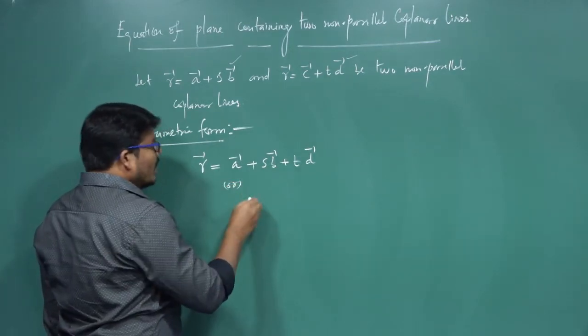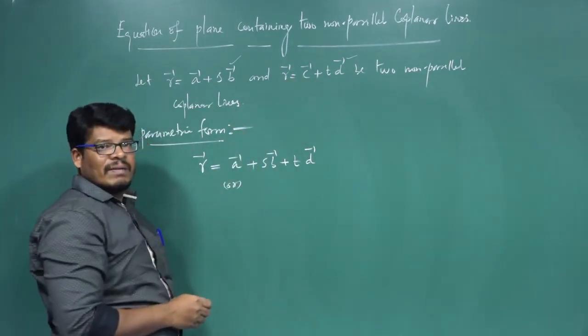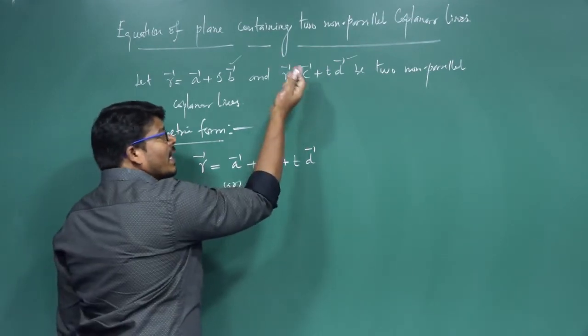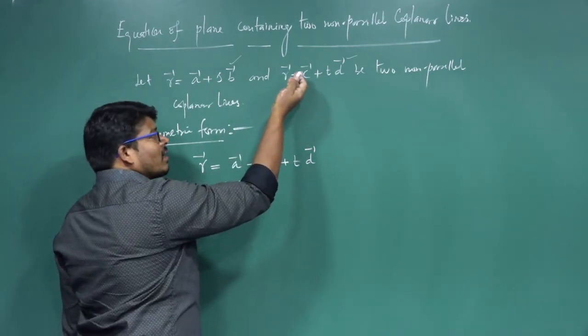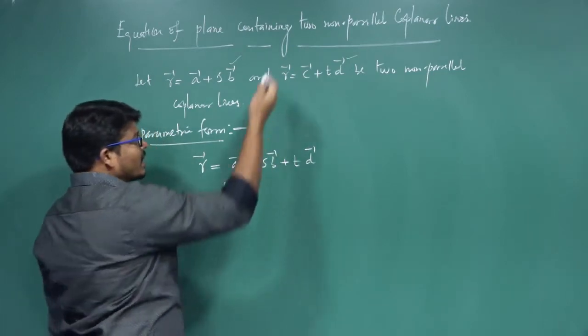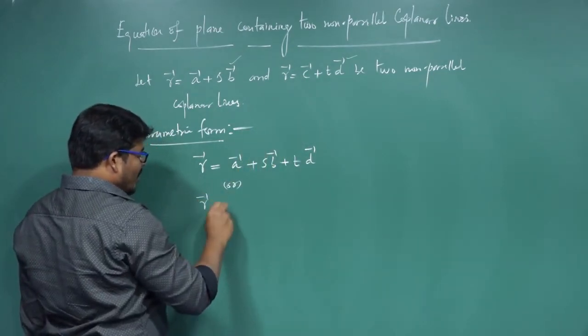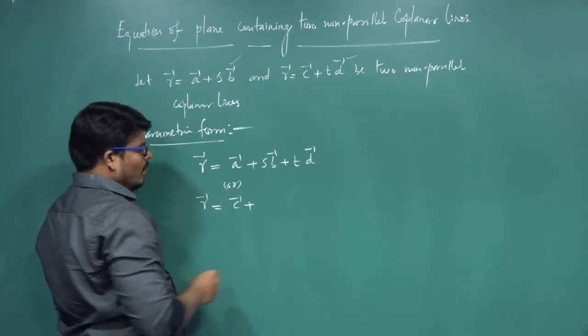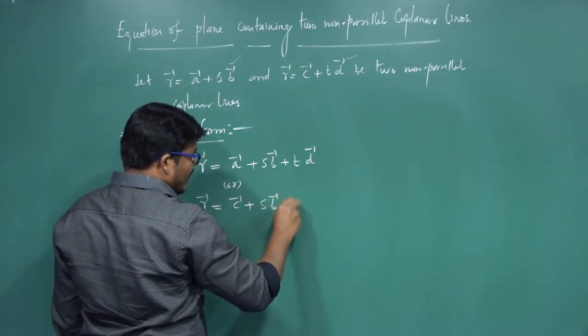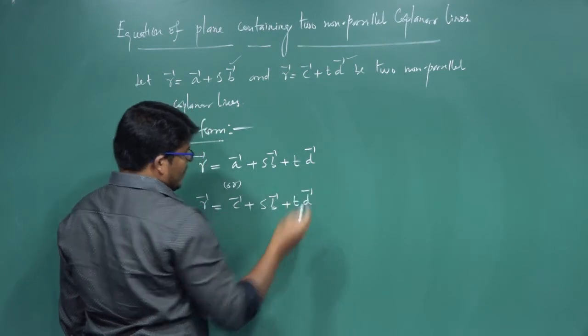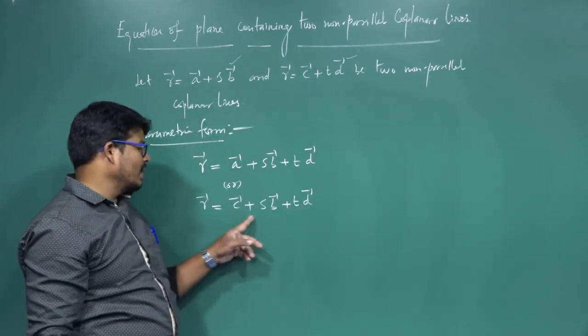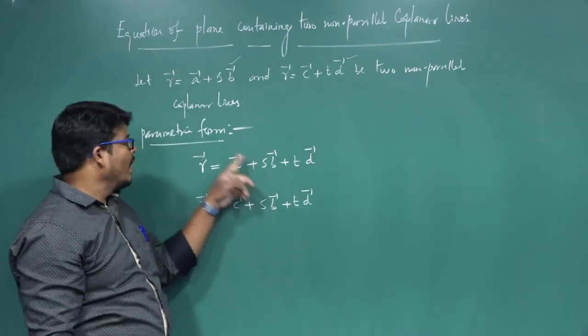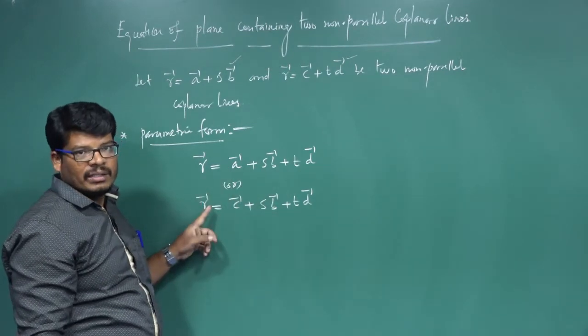Or taking the other point c vector, you take any one point, a or c. Now taking the point c, write the parametric form r vector equal to c vector plus s b vector plus t d vector.